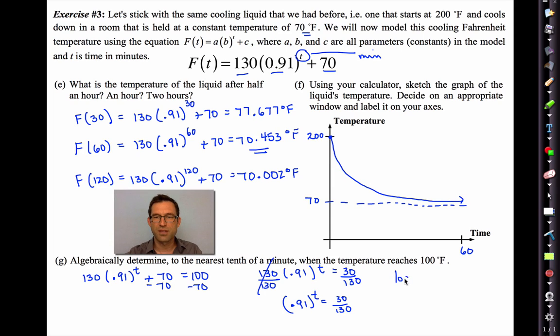All right, I think I'll just stick with log base 10, but we could also go with the common log. Log base 10 of 0.91 to the t equals the log base 10 of 30 divided by 130. And since I'm running out of room, remember I'd bring the t out, divide both sides, and I'd have the log of 30 divided by 130, all divided by the log of 0.91.